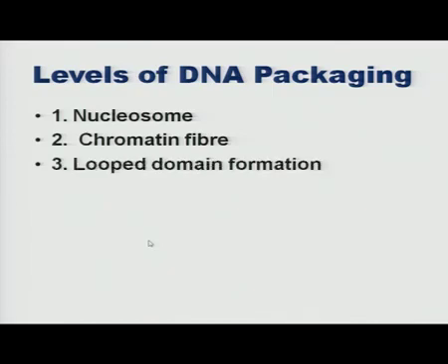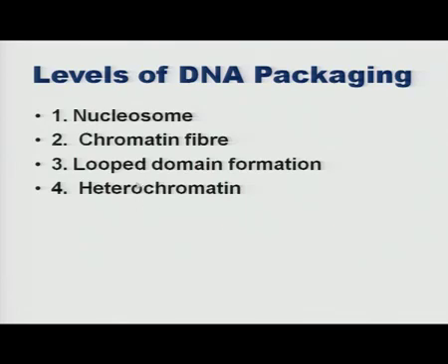The third level of DNA packaging is loop domain formation. These chromatin fibers further get condensed to form loop domains. Next to the formation of loop domains, there is formation of heterochromatin.